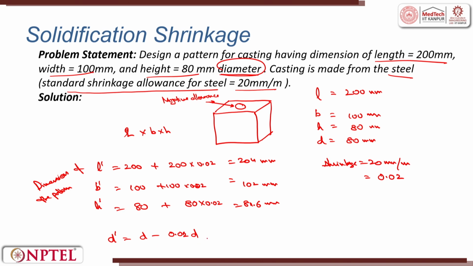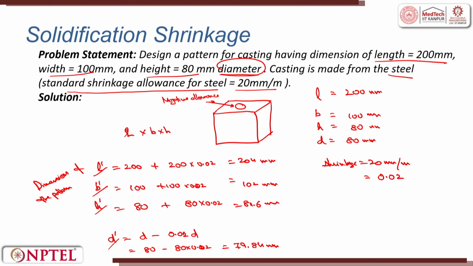Then this d dash becomes 80 minus 80 into 0.02, which is equal to 79.84 millimeters. Then we can design this pattern for this casting, where we have L dash, B dash, H dash and D dash as the dimensions.